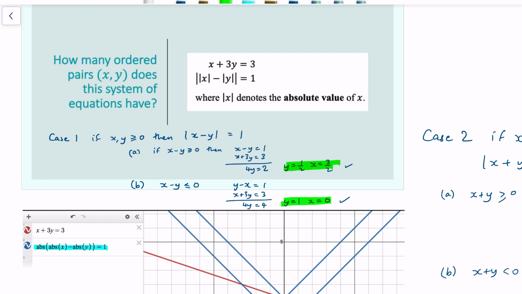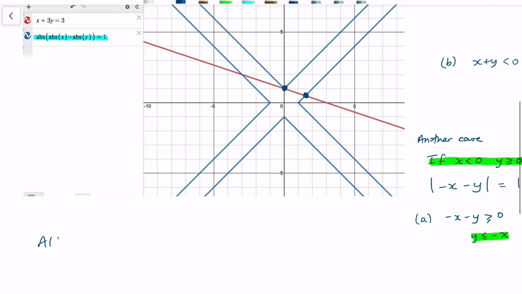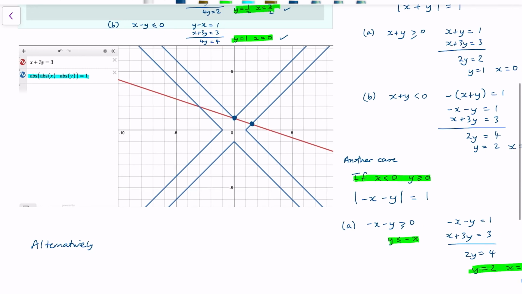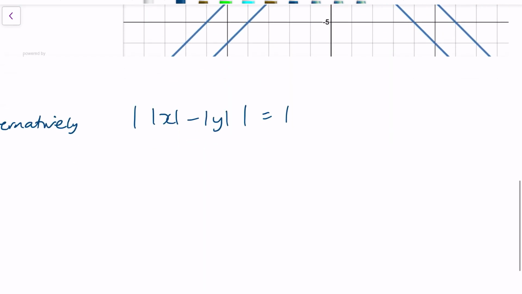Now, I could have solved this in a different way, if I just squared these equations. So, if I took this equation, and if I squared both sides, the absolute value turns negatives into positives, but the squares are going to be the same.